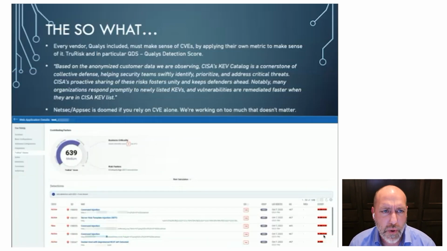And so here's the so what. I mean, I think basically every vendor, Qualys included, has to somehow make sense of this, and it's overly complicated.